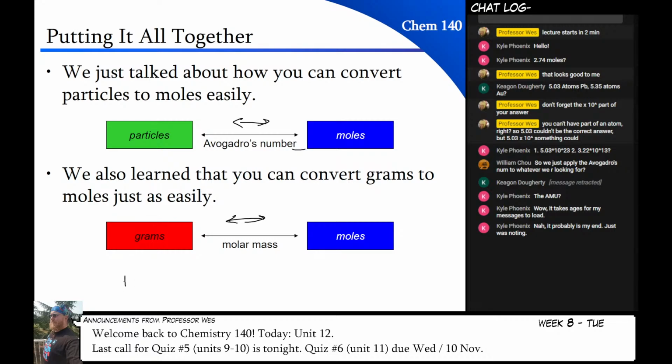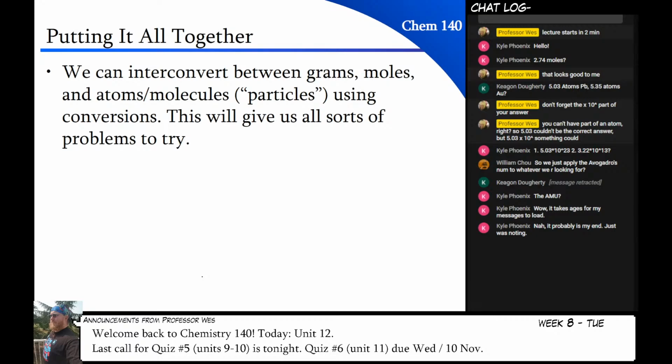So if I give you a problem like, oh, I have this many particles, I could turn that into moles, and then I can turn that into grams. And likewise, I could go in reverse too. This is like those problems where you had to turn feet into inches and inches into centimeters, where you just had to do a second conversion. So that's what we're going to be doing.